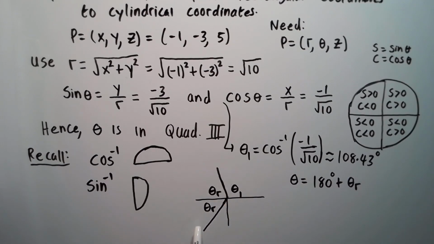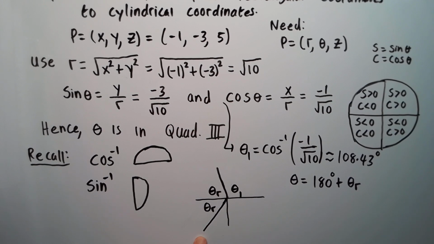There's my theta 1 at 108.43, and this is the reference angle over here. The angle we're looking for is the angle in the third quadrant that has that same reference angle. Our theta will be 180 plus the reference angle, because 180 would put you to here, and then adding the reference angle will put you to here.